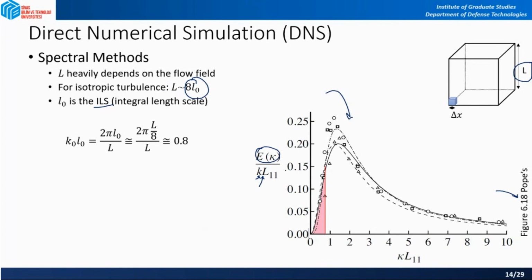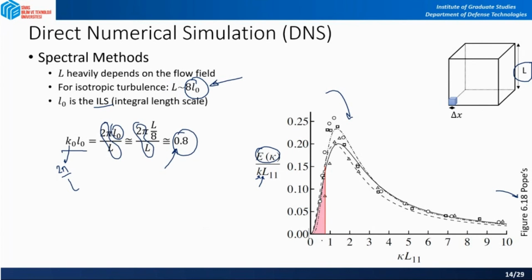Considering the largest eddy, I mean the smallest wave number, we said that the smallest wave number is k0, and this k0 was 2 pi over L. You can write that k0 times L0 is 2 pi over L times L0, and if L0 is L over 8 based on this isotropic turbulence, it will be approximately equal to 0.8. So K0 L0 is approximately 0.8.